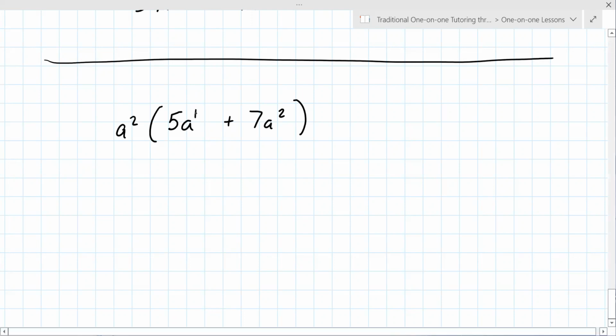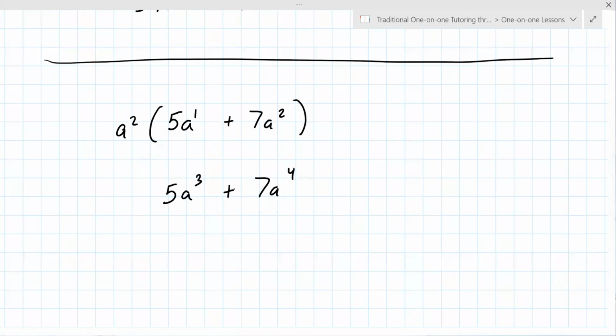Okay, I got it. What's your answer? 7a to the fourth power plus 5a to the third power. Yes. Now the order does not matter because you're adding, but there will be some problems where it does. Okay, well done today, Jeremiah.